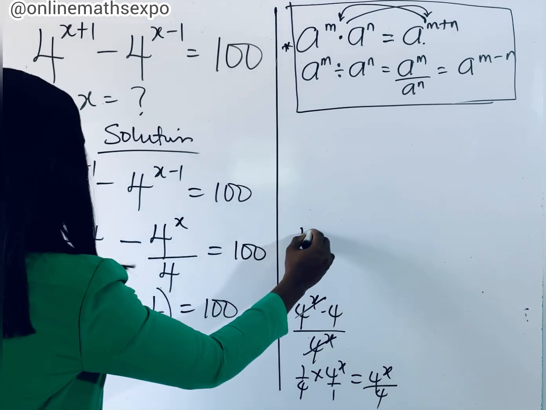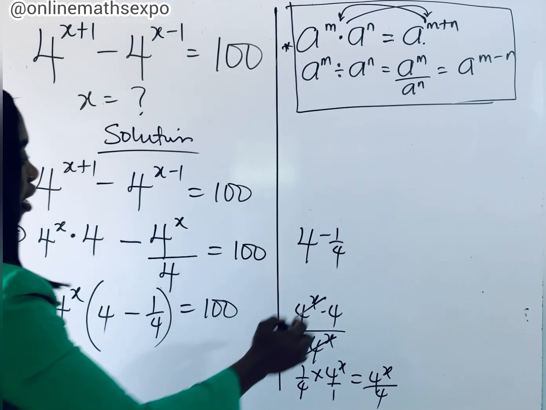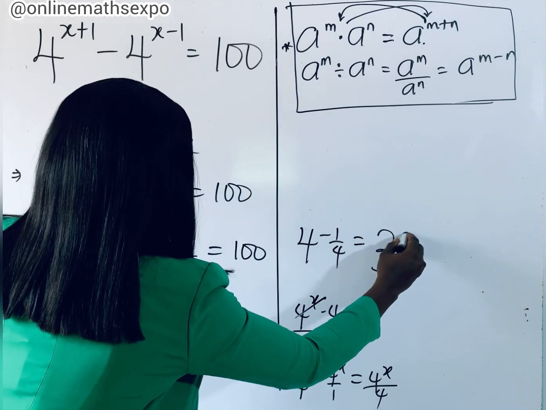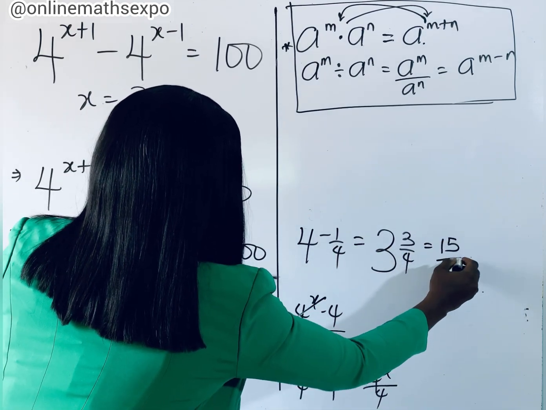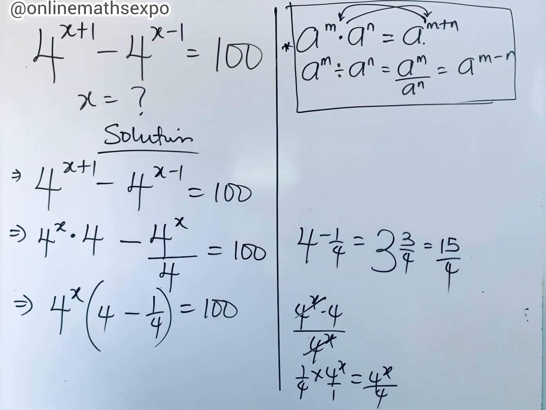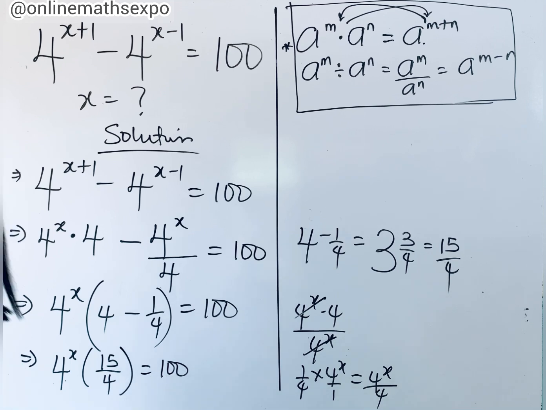When you have 4 minus 1/4, it gives you 3 and 3/4. Okay? And that is the same as 15 over 4. I hope that is clear. So we're going to now have 4 to the power of x times 15 over 4 is equal to 100. Interesting. We keep simplifying.